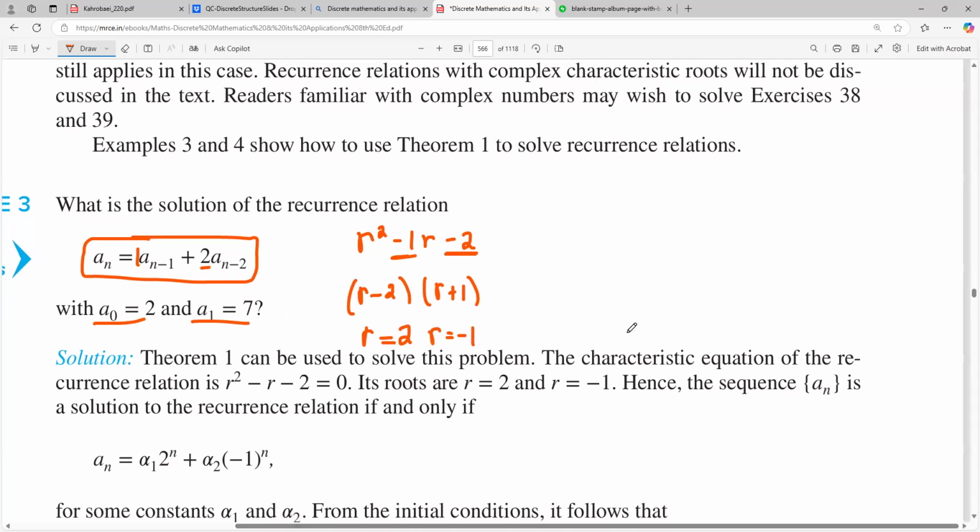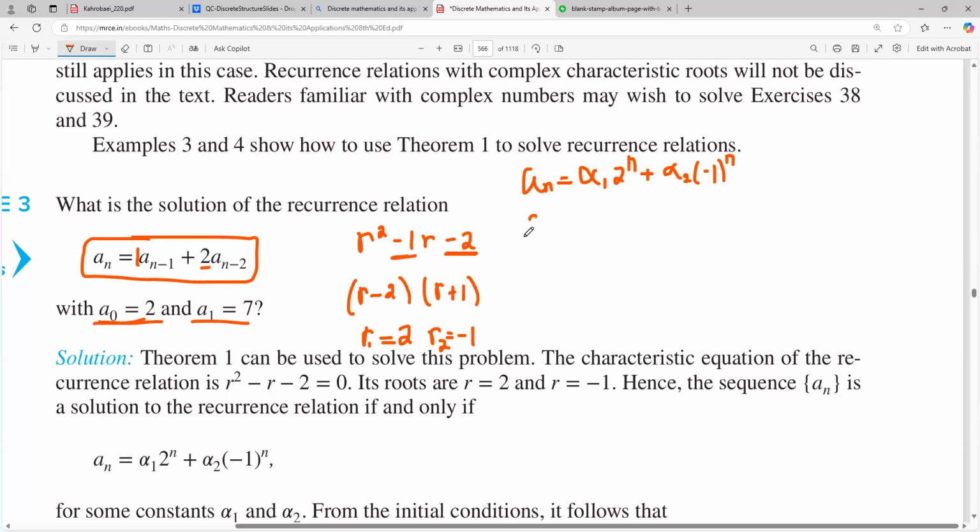Okay? So then our formula is going to be of the form a of n is equal to alpha 1 times 2 to the n plus alpha 2 times minus 1 to the n. And now we want to solve for alpha 1 and alpha 2. We use our base cases.